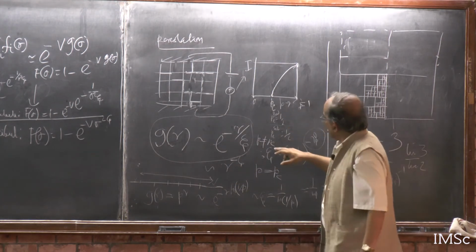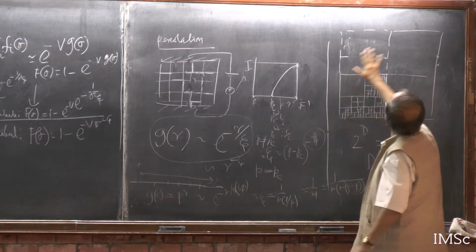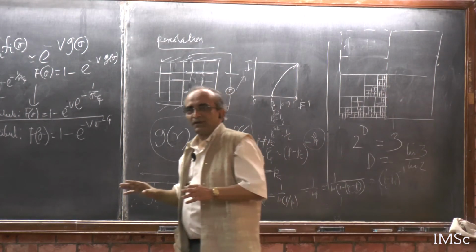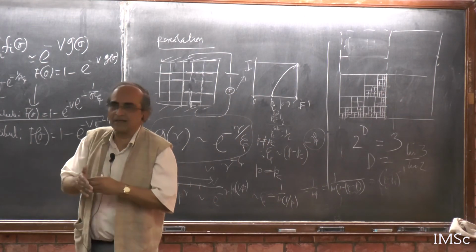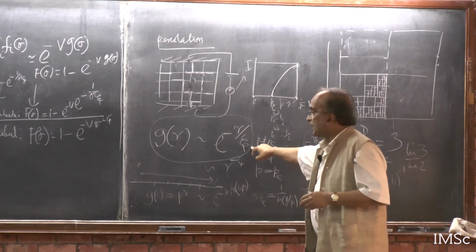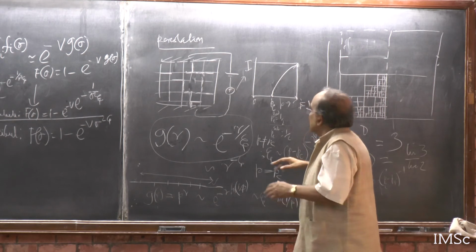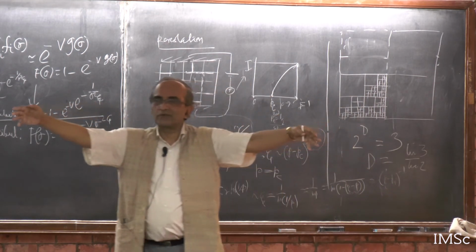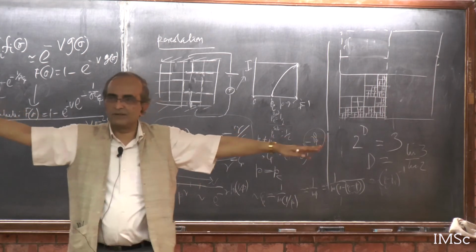I mean, at the critical point, the entire lattice is self-similar. At the critical point. But if you are not at the critical point, the self-similarity starts growing as the correlation length starts growing. You are approaching PC, the xi is increasing, the self-similarity region is also increasing. Finally, at PC, everything is self-similar.